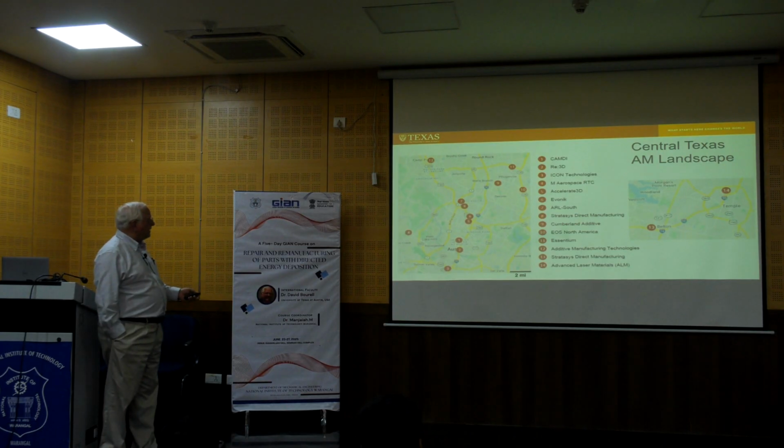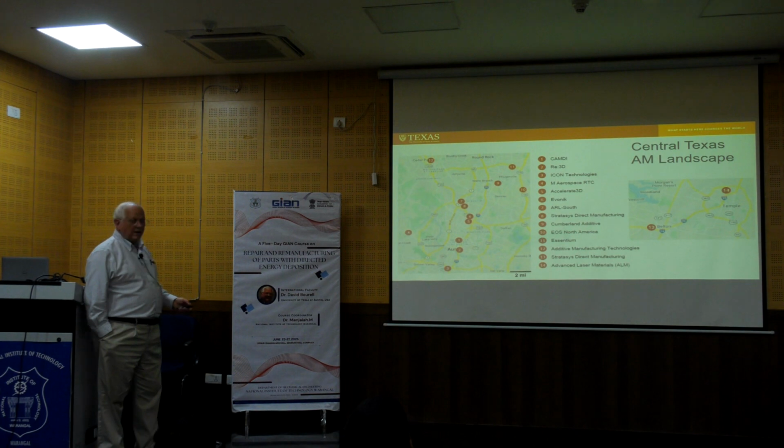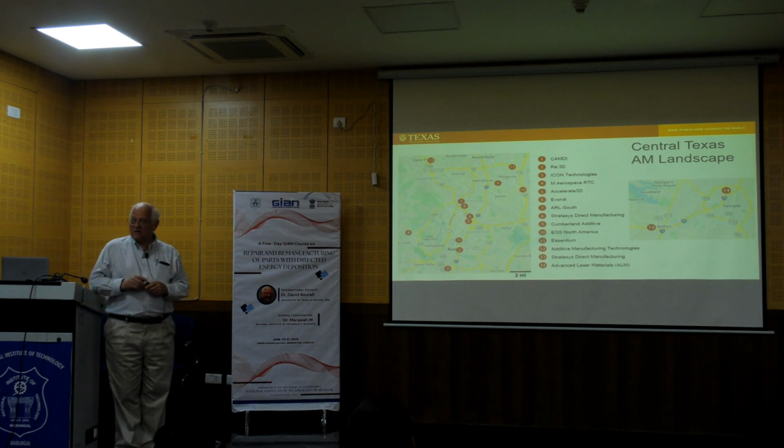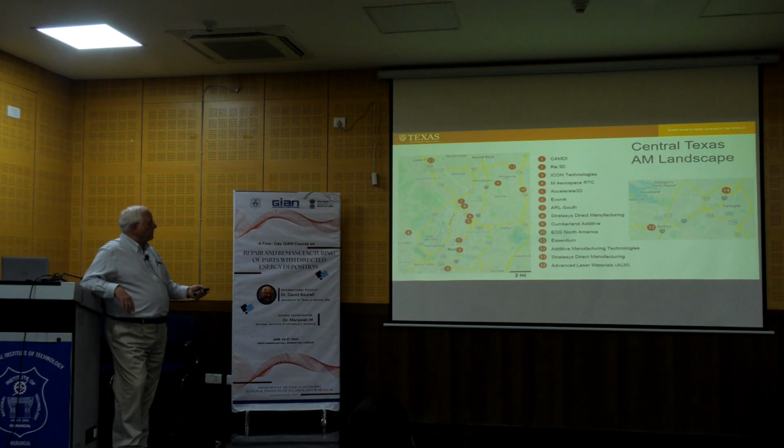But scattered running north and south are about a dozen different additive manufacturing outfits. EOS North America has a very large demonstration facility in the Austin area, up in North Austin. They're up here.